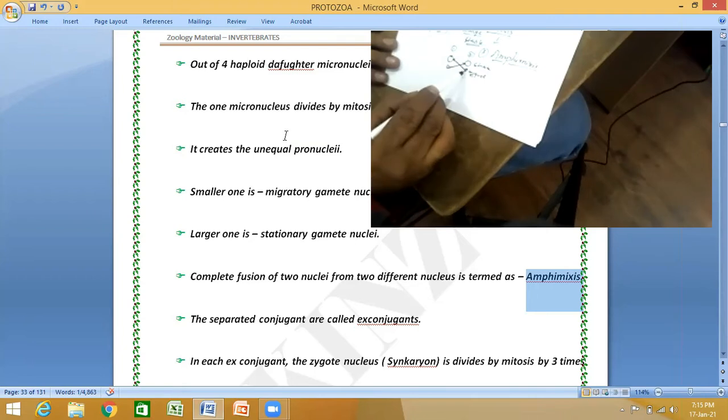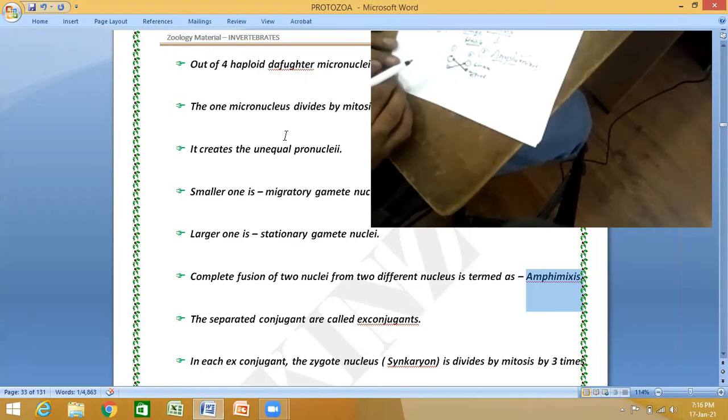The movement and exchange of the smaller migratory nucleus takes place and forms a single zygote nucleus in both conjugates. This is called amphimixis. After the amphimixis, the two paramecia separate, and they are called exconjugates.